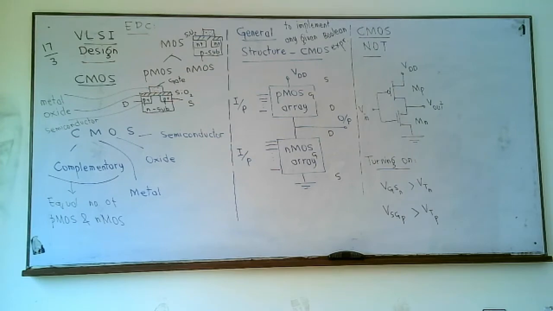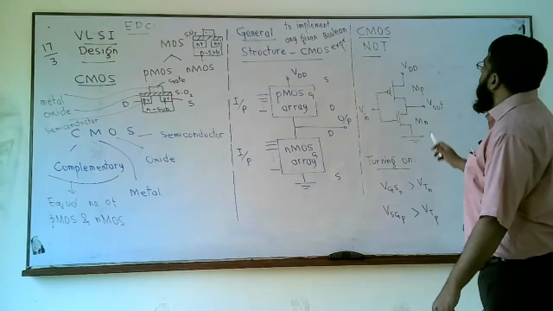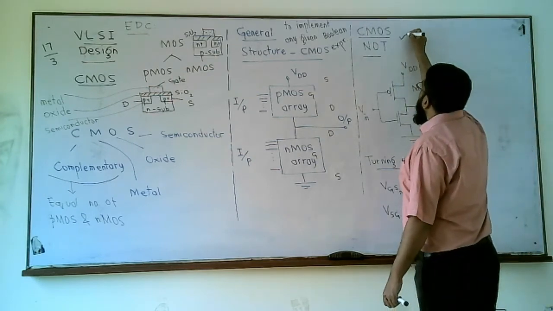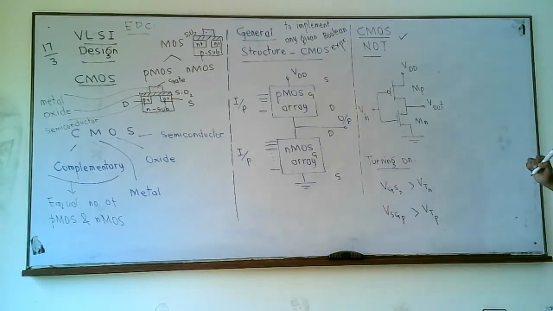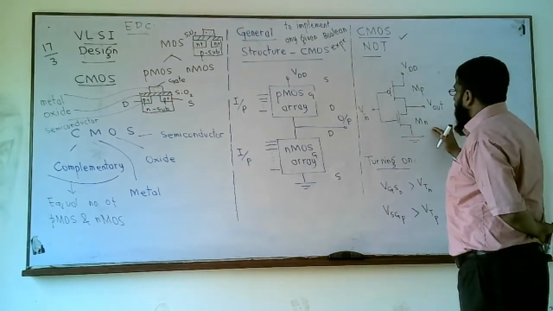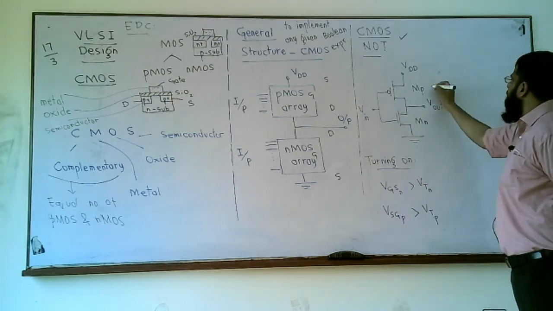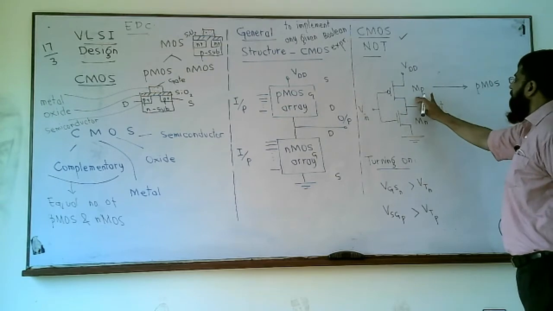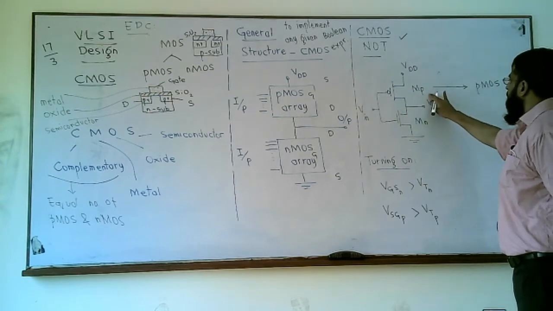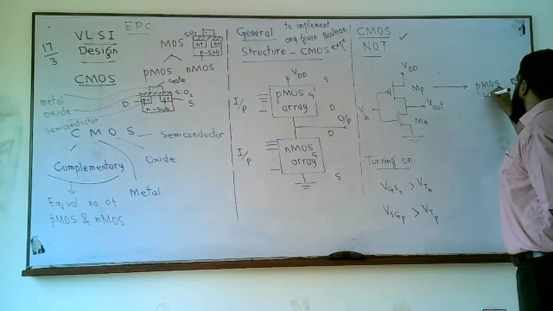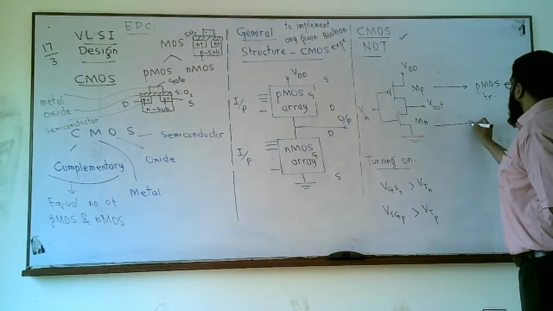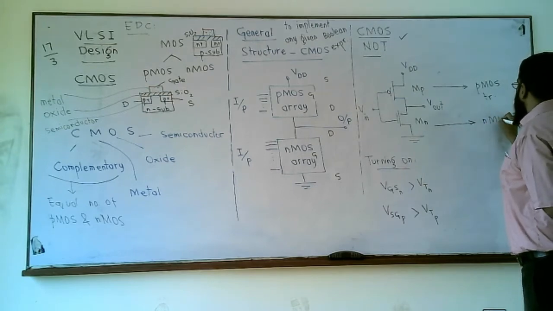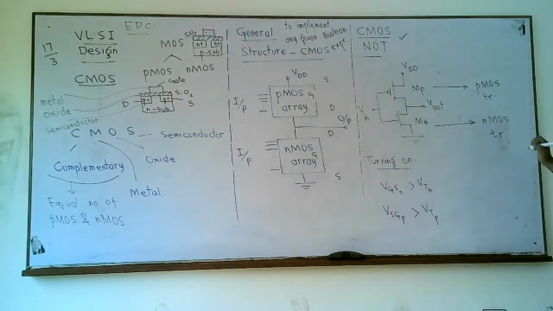Right. So to make things simple, let's start with the simplest possible circuit, CMOS NOT, where we have one MP and one MN. MP is a pMOS transistor. We use the letter M sub P for a pMOS transistor, and we use MN for an nMOS transistor. Right.